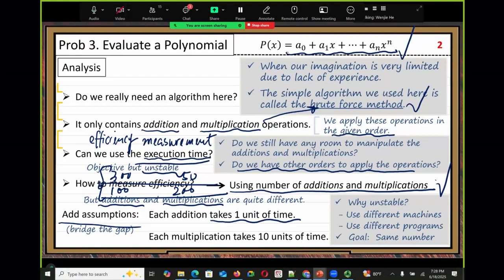In that way, we can use the number of time units for comparison. We have a unified way. No matter how many additions and multiplications you have, you can calculate the number of time units you need. Then you compare the number of time units between two different algorithms. That's the idea.